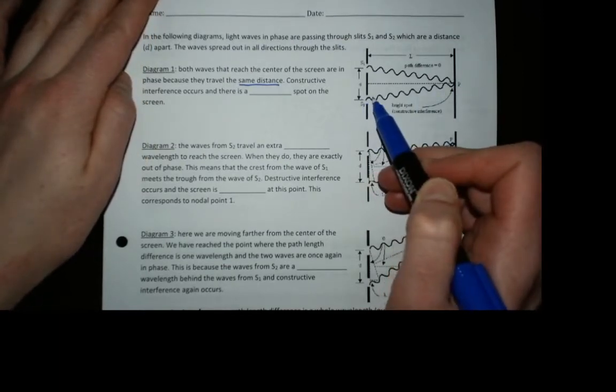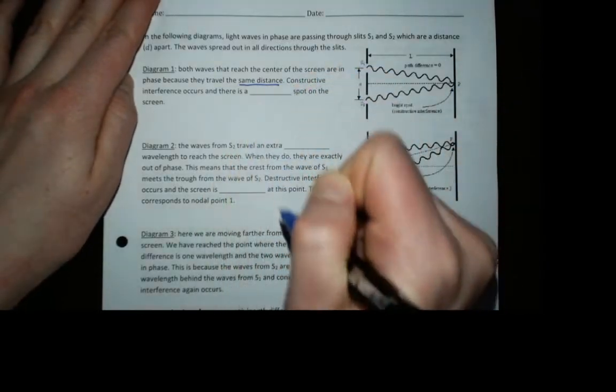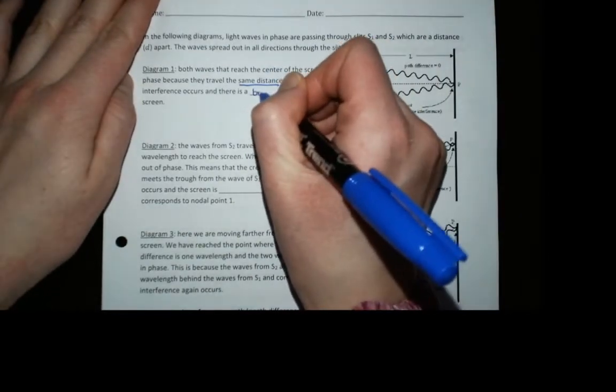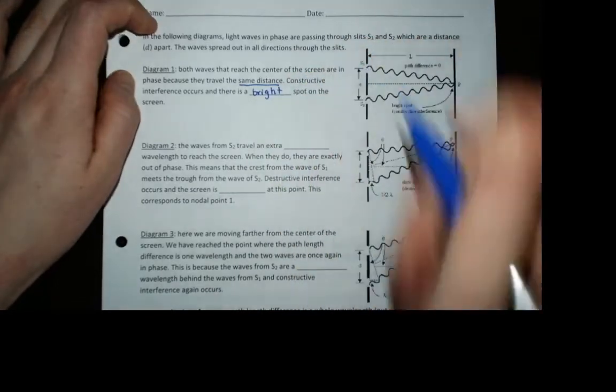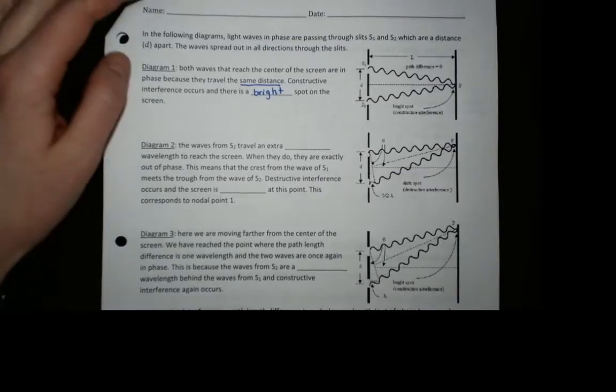They travel the same distance in the same time, so they both reach the screen at the same point in their trough, crest pattern. So we get a bright spot on the screen.